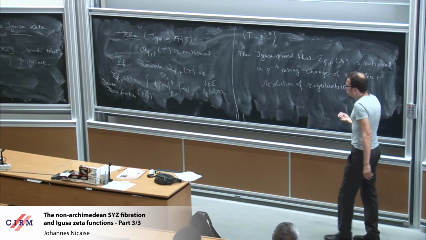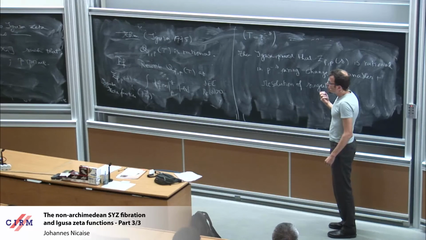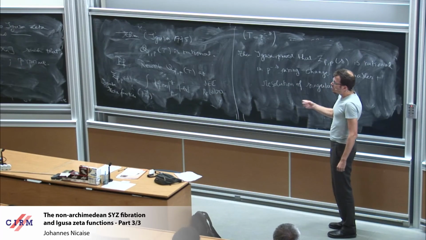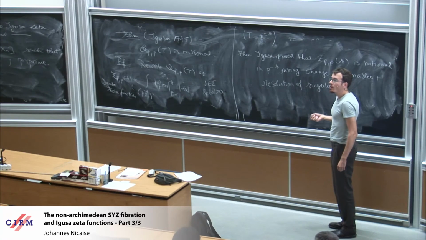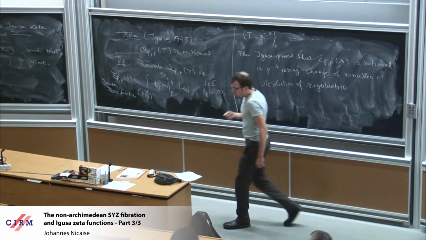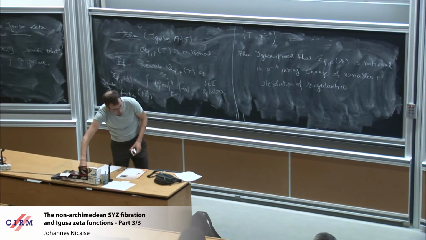And this actually gives you more. It doesn't only give you rationality, but it gives you some interesting connections between the poles of the zeta function and the invariants that pop up in your log resolution, such as multiplicities and log discrepancies. And so from this, you can, in particular, get the following result.